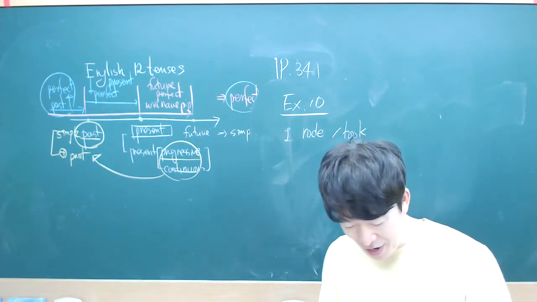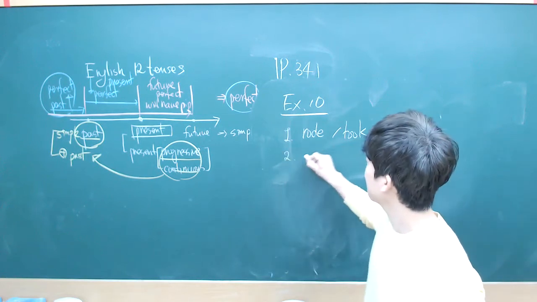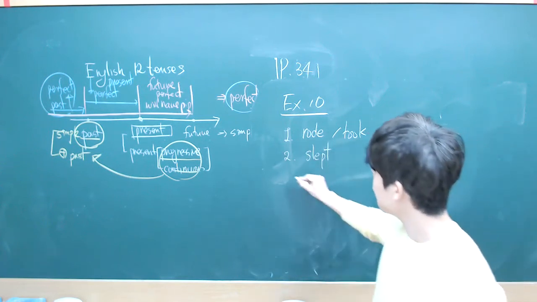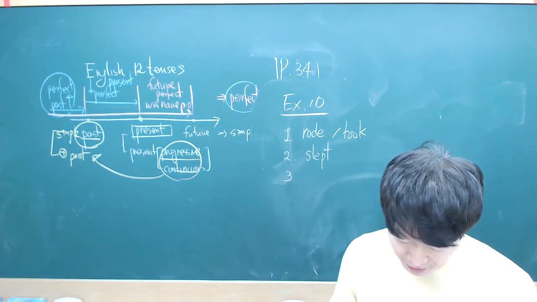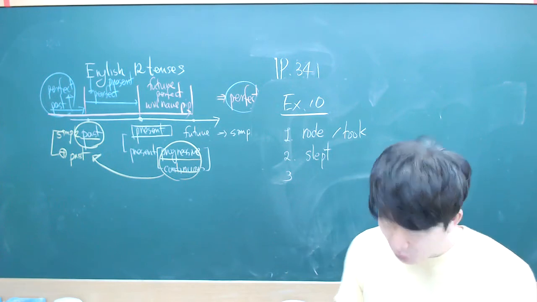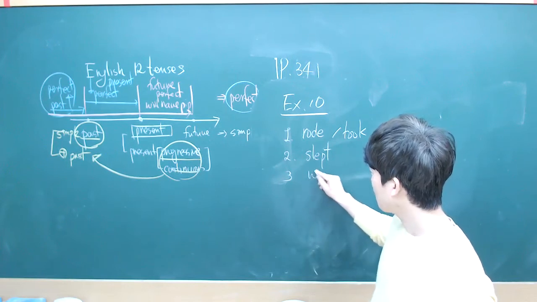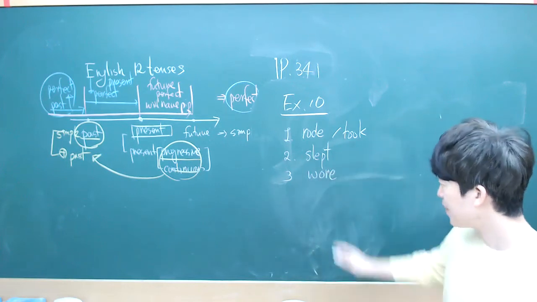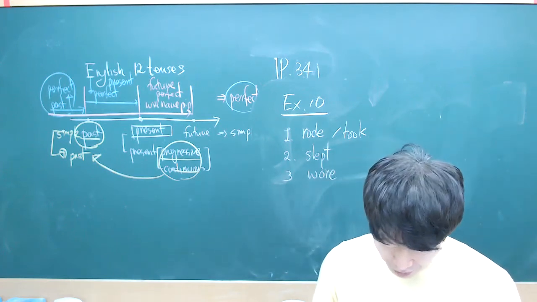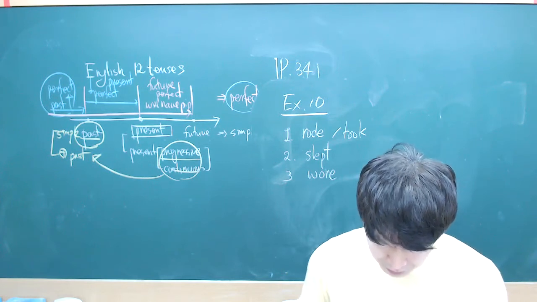Question 2. Last night I had a good night's sleep. I slept 9 hours. And blank a beautiful dress to the wedding reception. What is the past form of wear? Correct. Wore a beautiful dress to the wedding reception. 4. I got so cold last night that the water in the pond.